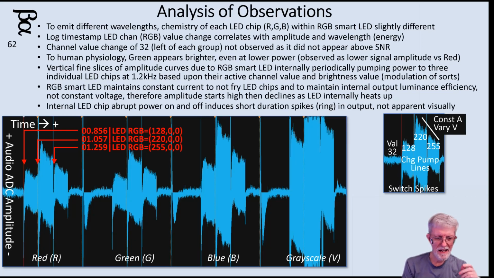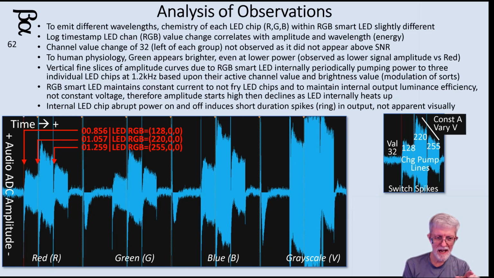So I can see from microphone turn on to 0.856 seconds is the point at which I made the LEDs red, green, blue change to be 12800, which is 128 red, 0 green, 0 blue. And you see a certain level. When I changed that level from 128 to 220, it went up.